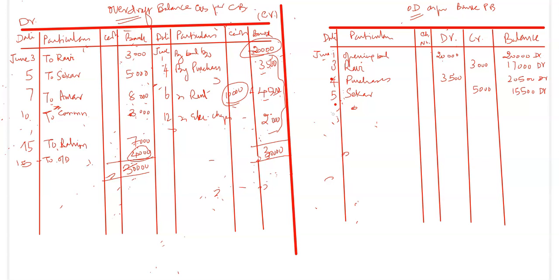And on 6th, paid rent rupees 4,500. So because of which what will happen, your OD will increase. So it will be 20,000. OD will be rupees 20,000 debit balance.